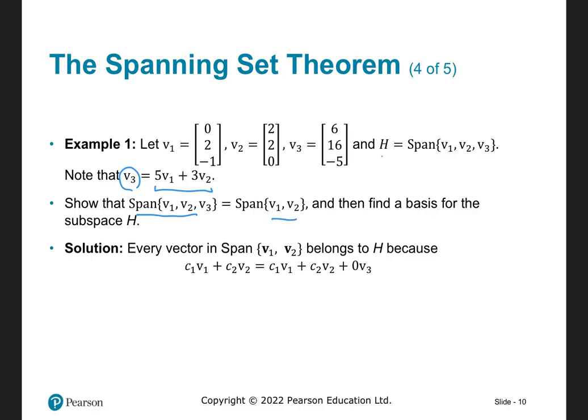Now, V1 and V2 are linearly independent because V1 is not a multiple of V2 and V2 is not a multiple of V1. So the set of V1 and V2 will be a basis for H space. Am I right? Of course, the set of V1 and V2 is not a unique basis. There may be some other linearly independent vectors which generate H space. I'm just saying that this set of V1 and V2 will be one example of a basis for this H space.